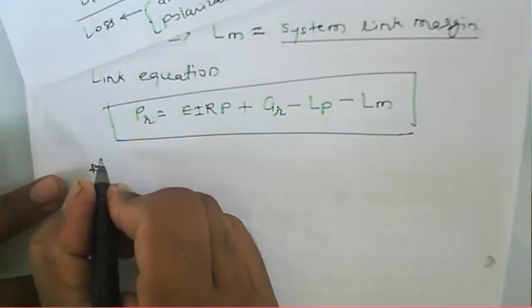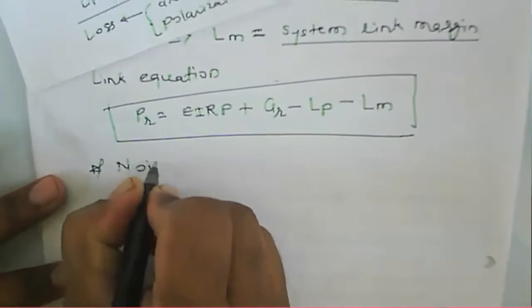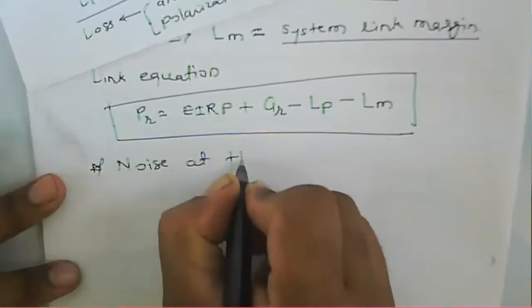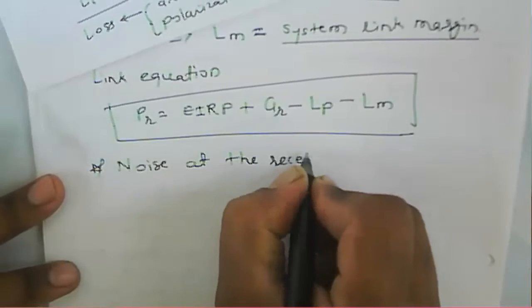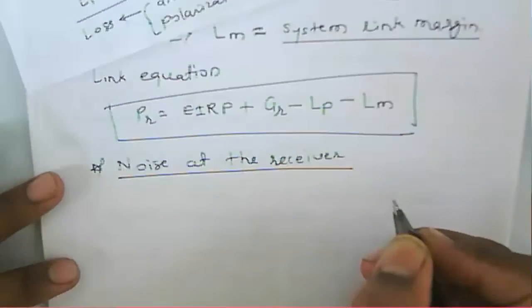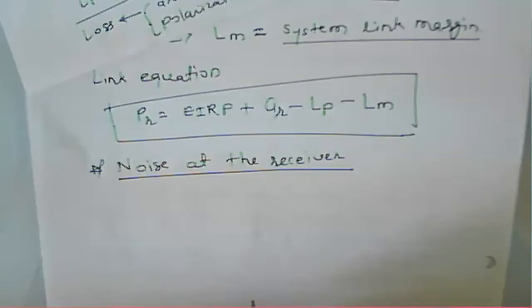Then we need to know the noise at the receiver. Why do we need to consider the noise at the receiver?